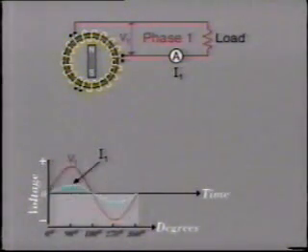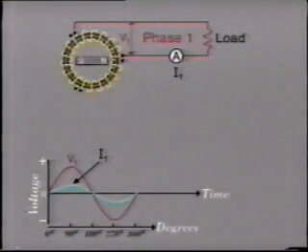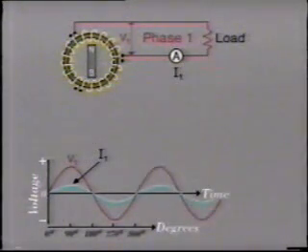The positive and negative half cycles mean that the current is flowing in one direction for half the cycle, and then in the opposite direction for the other half cycle. As the magnet continues to rotate, it produces further cycles of voltage and current like this. These curves are known as sine waves, and values can be calculated from trigonometric tables.